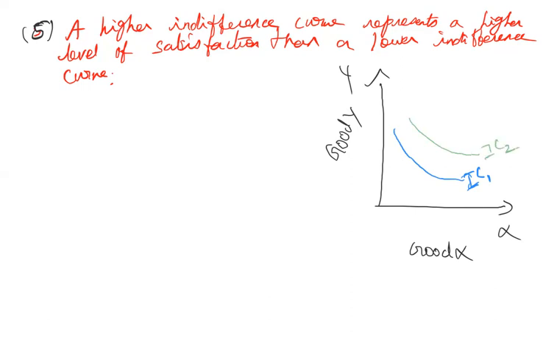Still the consumer can move on to another indifference curve IC3. So definitely you can see that IC3 is going to give more satisfaction to the consumer than IC2 and IC1, isn't it?